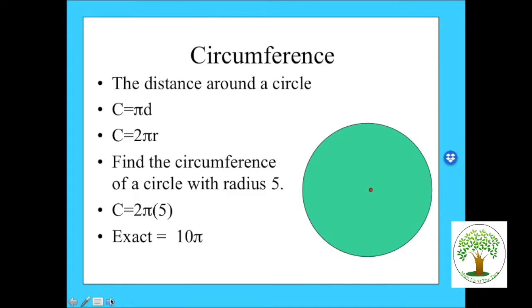All those decimals forever and ever times 10. Okay, this is exact. If I put it into my calculator and I want 2 decimals, this is an approximation of 31.41. So depending on how the question is asked on your homework, it will ask for an exact answer and you'll leave it as pi, or it might ask for a decimal answer and you will give the rounded decimal, and that will not be exact.